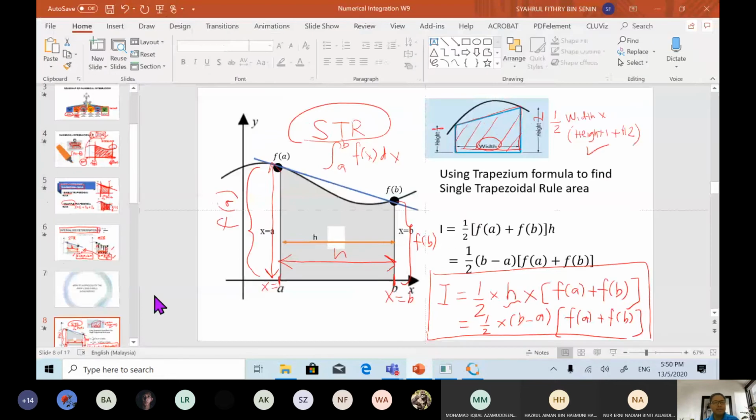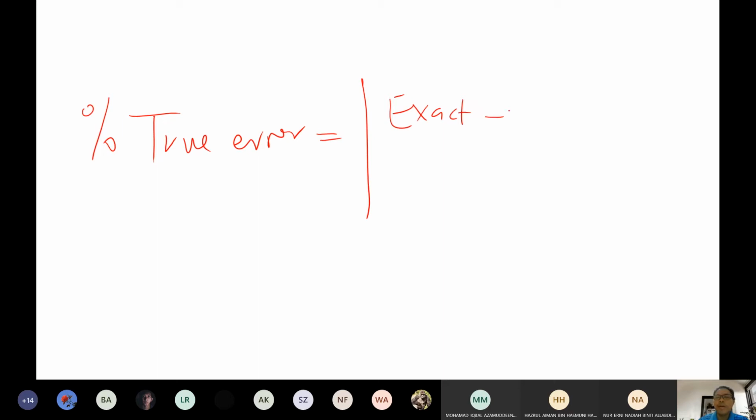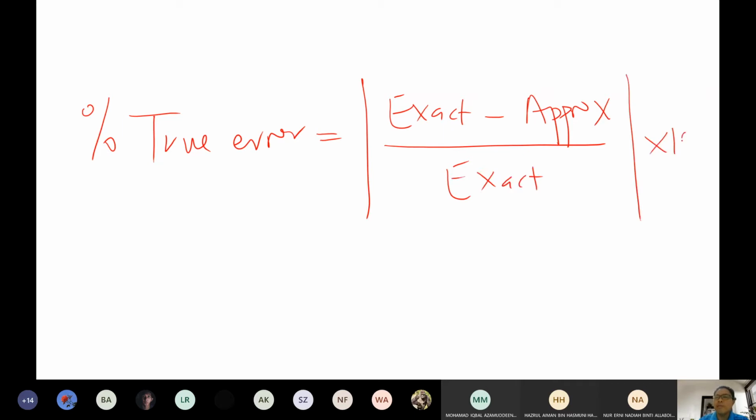So how to find the error? I will find the percentage of true error by taking the absolute value of the exact solution minus the approximate solution, divided by the exact, and multiplied by 100.